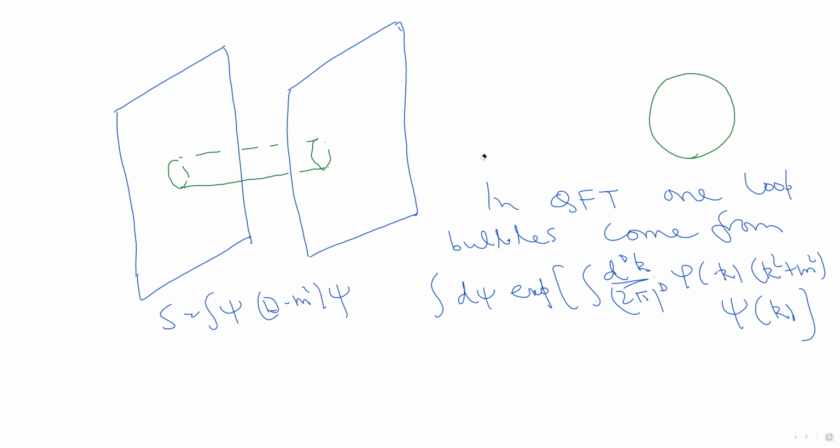Because psi of k is a bosonic variable. So this gives you the sum over all the vacuum bubbles.